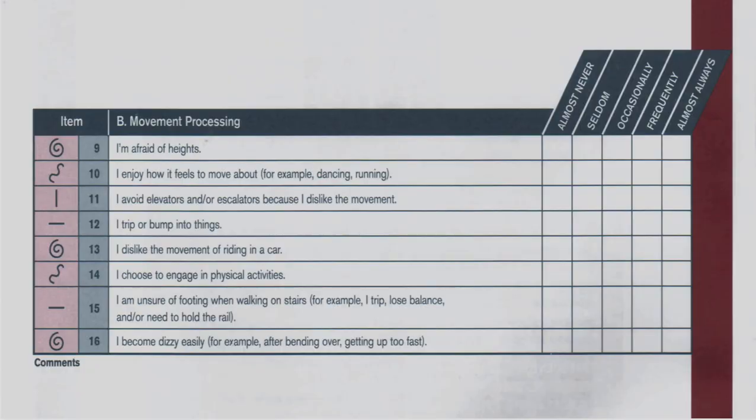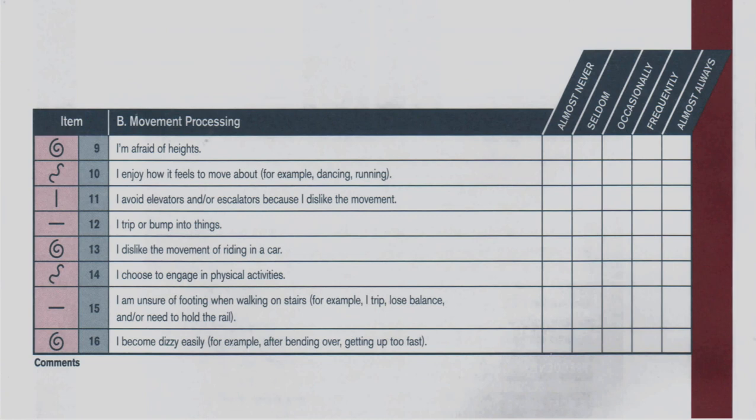Here is just one page. So remember, there's 5 different sections, and this one is the movement processing. Why did I pick it? No special reason, just here it is. To get you to see exactly what it looks like. So there's a number of items, right? I'm afraid of heights. And then on the right, you rank them almost never to almost always using that ranking scale.